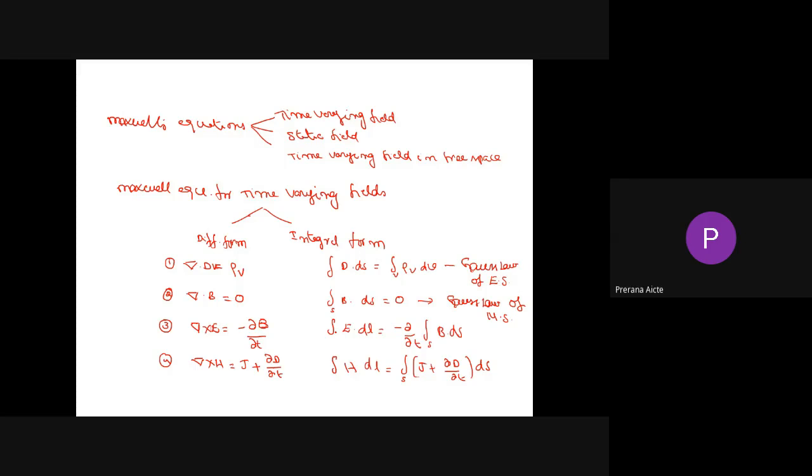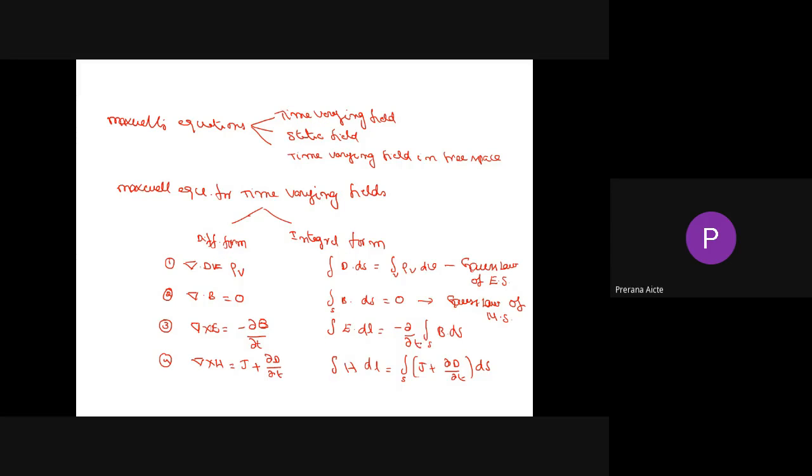Now see the third one, del cross E is equal to minus dou B by dou t. That is the curl of the electric field intensity, equal to the rate of change of the magnetic flux density. In integral form, integral of E dot dl is equal to minus dou by dou t of the integral of B dot dS.